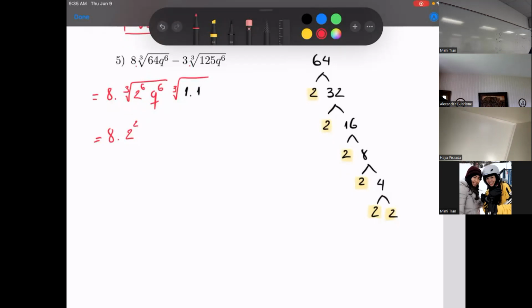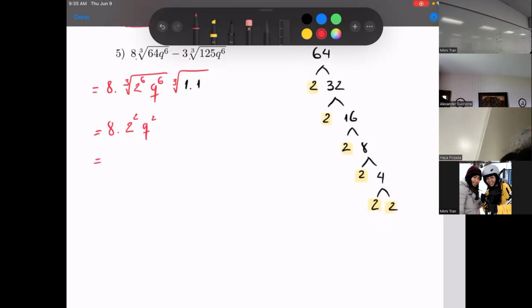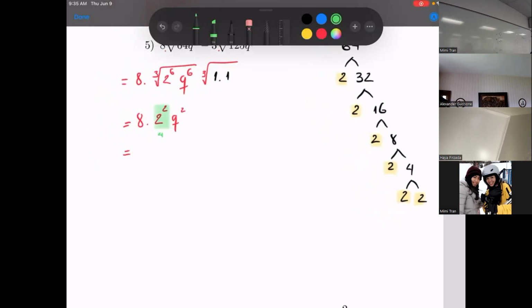Once you do the boot thing, no more radical. 6 divided by 3 is 2. So 2 squared is 4. That equals 4. So 8 times 4 is 32.